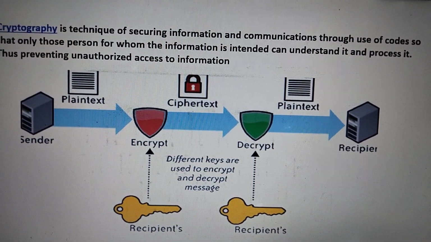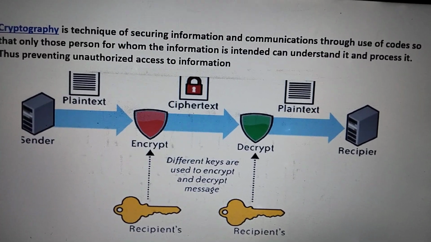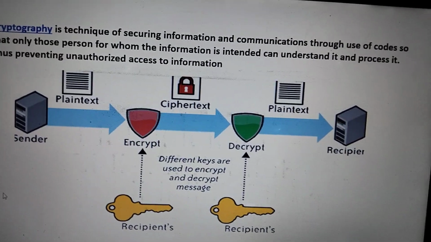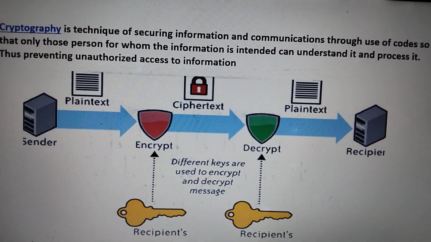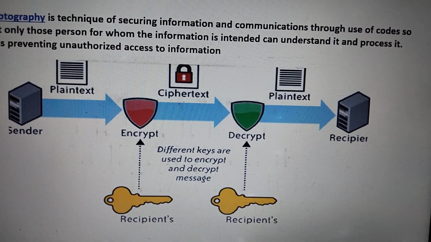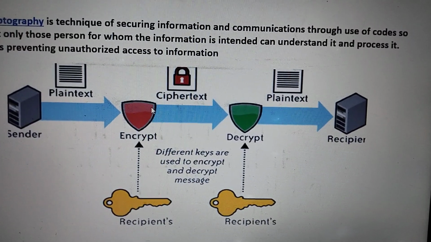Next, after performing encryption, the plain text is converted into ciphertext. When performing cryptography concepts, we mainly perform two kinds of operations: one is encryption and the other is decryption.